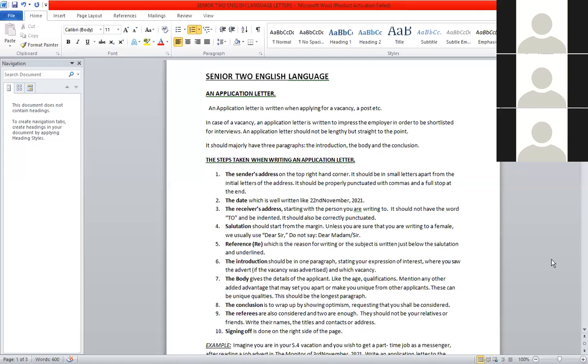And the conclusion is to wrap up by showing your optimism. Your hope is optimism, requesting that you shall be considered. This is the part where we normally say, maybe, I'll be grateful if my application is considered.